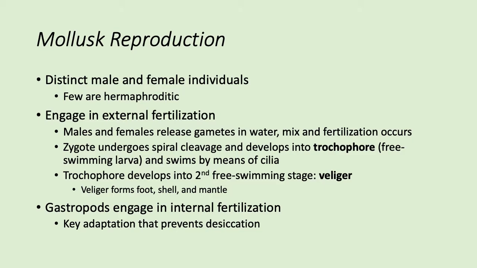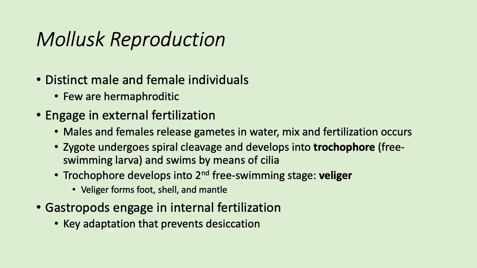And then, this is something that's unique to the mollusks, that trochophore will develop into a second free-swimming stage called the veliger. And then from here, that veliger will form a foot, a shell, a mantle, depending on whatever type of mollusk or class it's supposed to be.